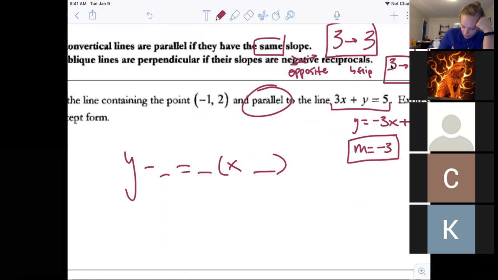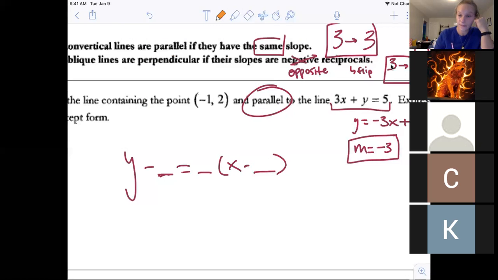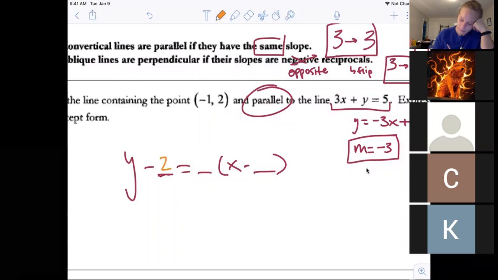Who can help me fill in the blanks? Y minus what? Y minus 2. And then -3. And then x plus 1. Good.